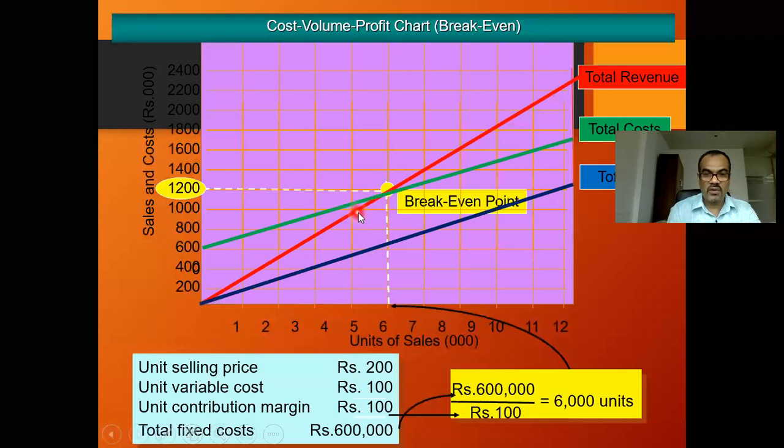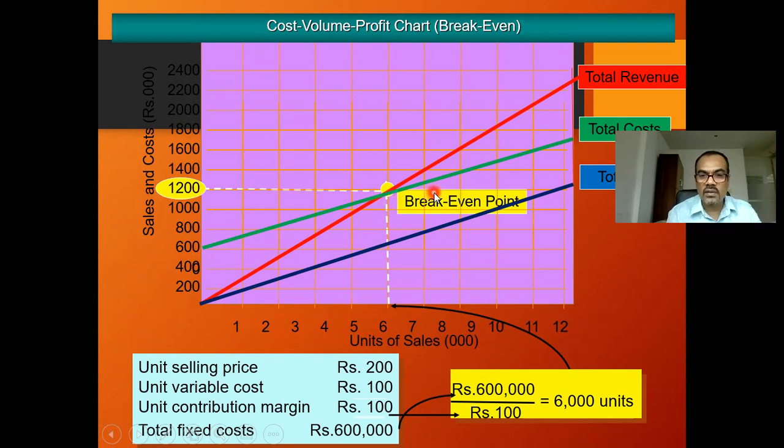For example, at the break-even point, the gap between total cost and variable cost: total cost is 1,200, and the variable cost line, if drawn to scale, should be here, 600. 1,200 minus 600 means 600.